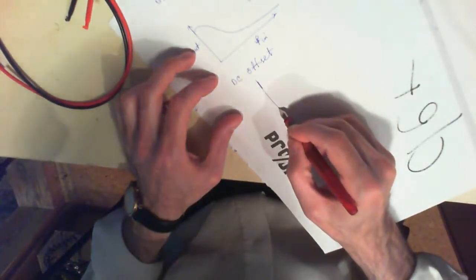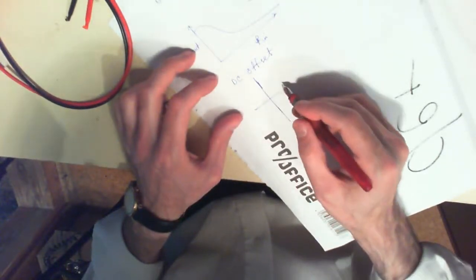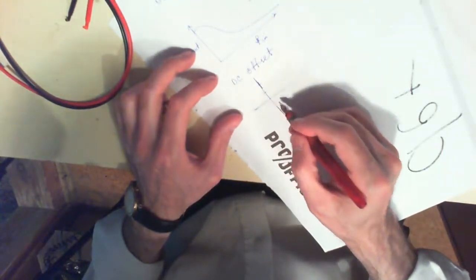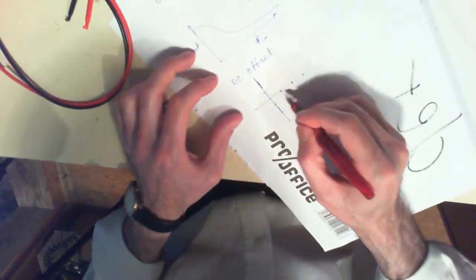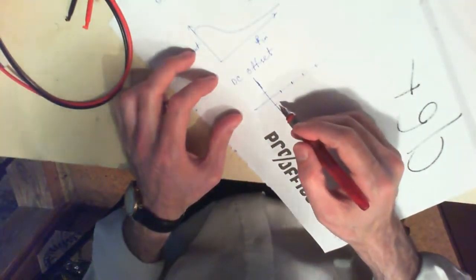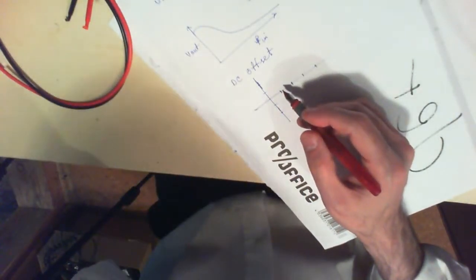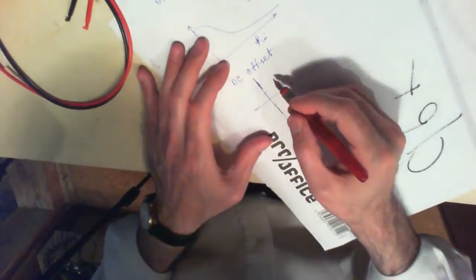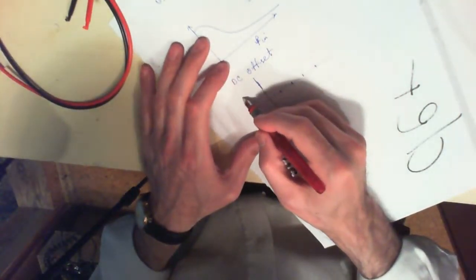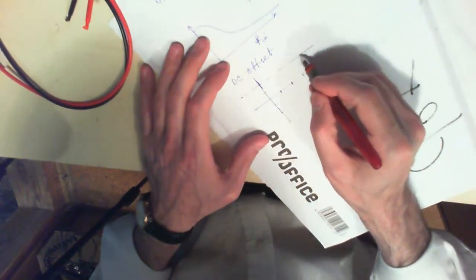Let's say that this is your oscilloscope screen, and these are the vertical and horizontal units on your oscilloscope screen. If you set your DC offset to, for example, positive 10 volts, you will have a positive 10 volt signal over here.